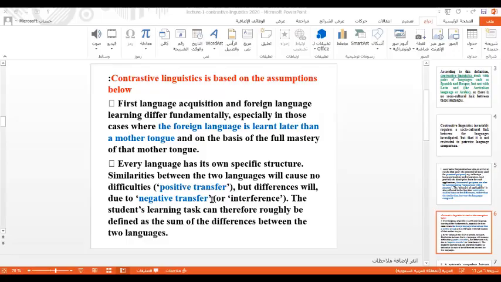Does it come after your birth, or do you have supportive elements that come in your mind innately? We say that the child, we have different theories here. We have, for example, the behaviorist theory.